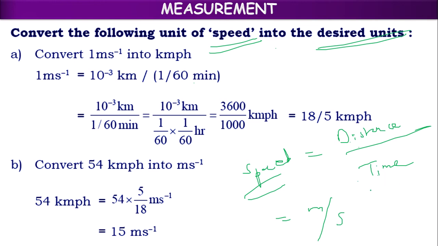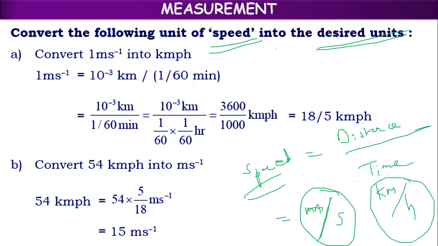Or in general usage, distance is measured in kilometers, time is measured in hours. So according to standard units, we have meter per second. General usage, kilometer per hour. Kilometer per hour can be written as kmph.